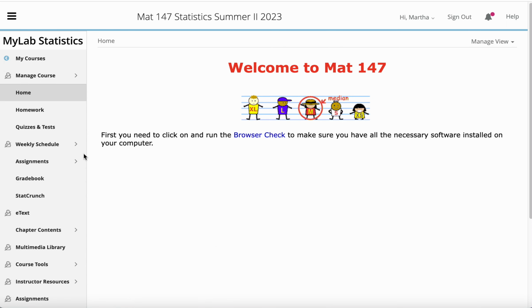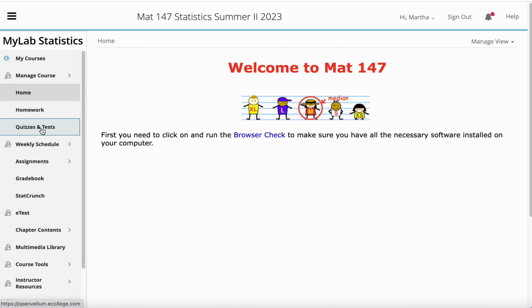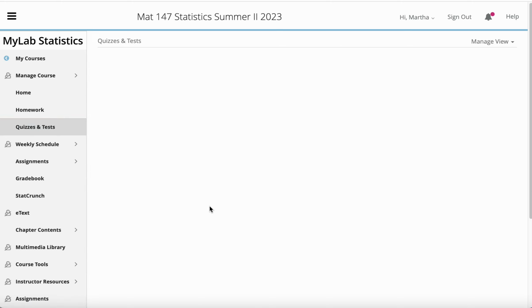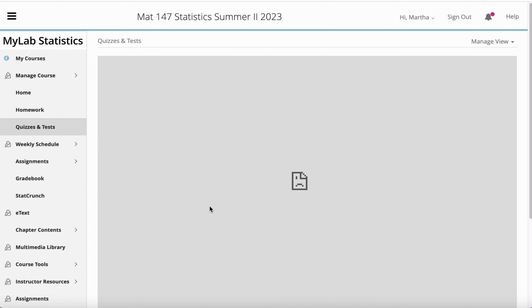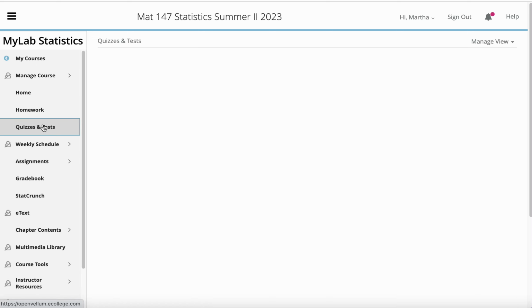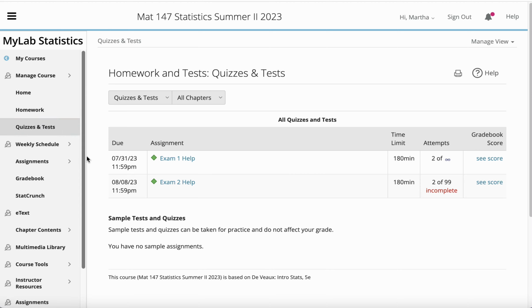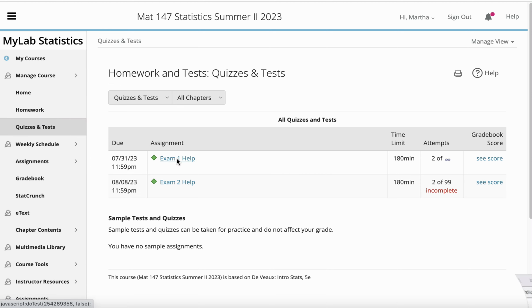And once it opens, you're going to pick Quizzes and Tests. And then you're going to pick Exam 1 Help.